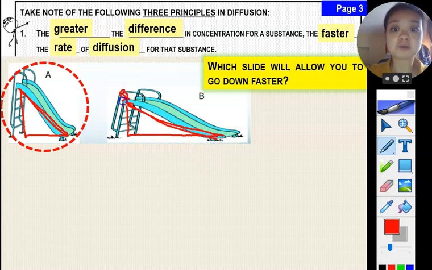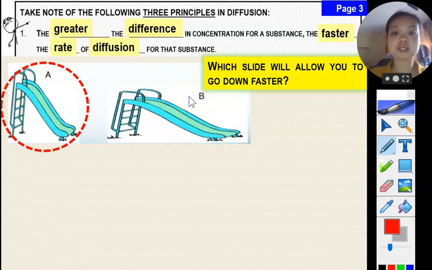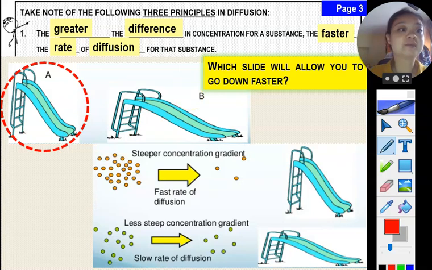So imagine you're at the top here on a bicycle, and if you roll down slide B versus rolling down slide A, obviously you will be traveling at a faster speed in slide A versus slide B. So why did Miss Lee talk to you about slides? I just want you to imagine the height of the slide or the angle of the slide. I think you all have learned angles already, right?